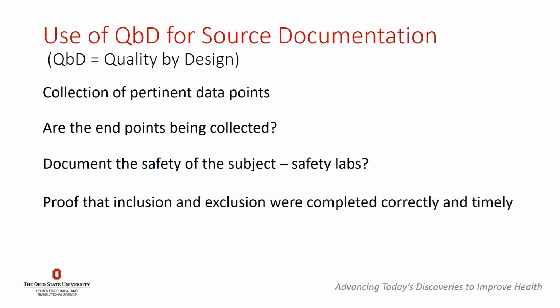Well, unfortunately, it might require a larger amount of blood than we were able to get out of a small patient, so sometimes we would have to make that decision. It wanted 10 mLs of blood, and we were only able to get 5. So what labs need to be done first in order to ensure the safety of the subject, but also which ones were key to your study endpoints.